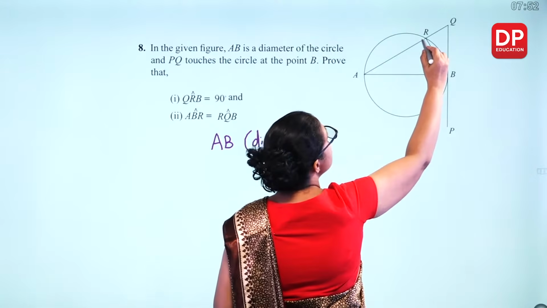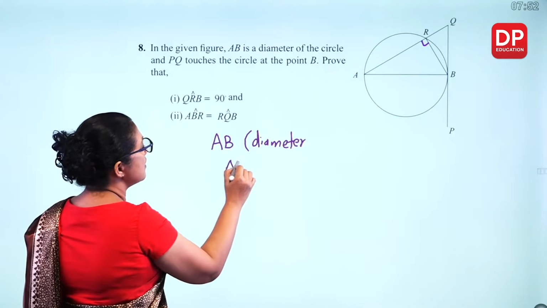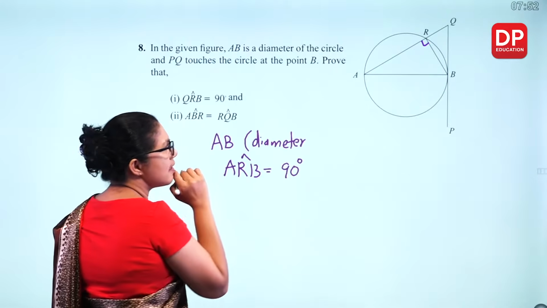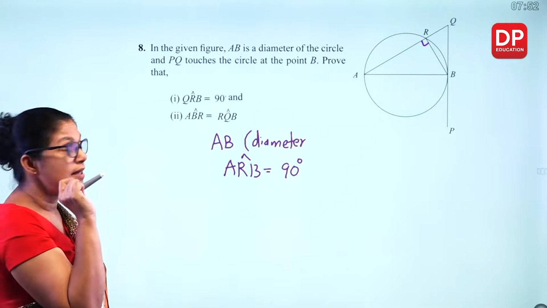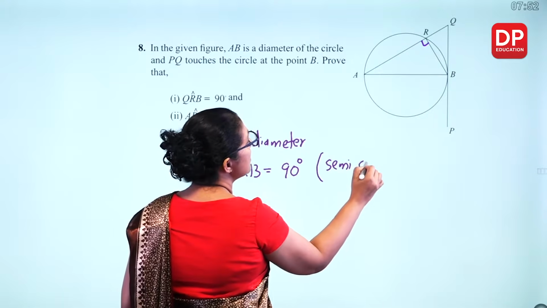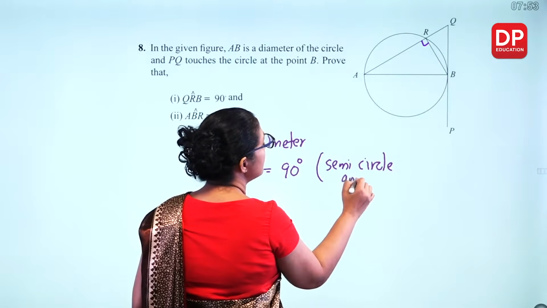What do you know about this angle? Angle ARB is 90. Why? It's the semicircle angle. Semicircle angles are 90 degrees.